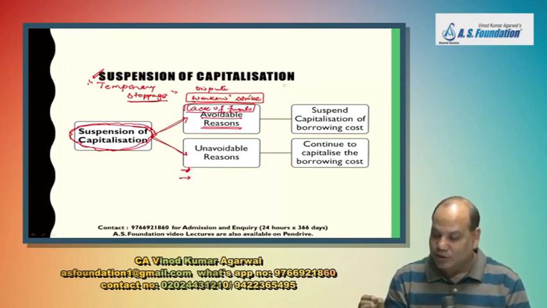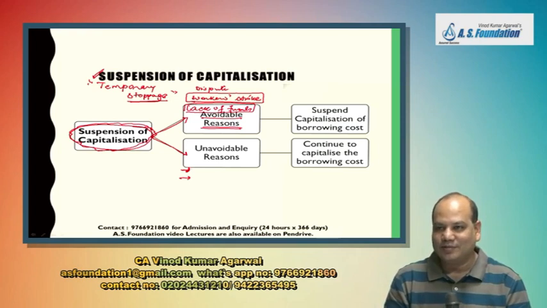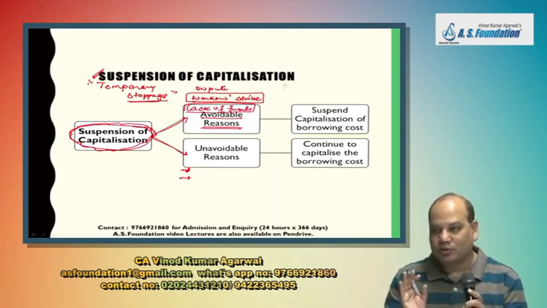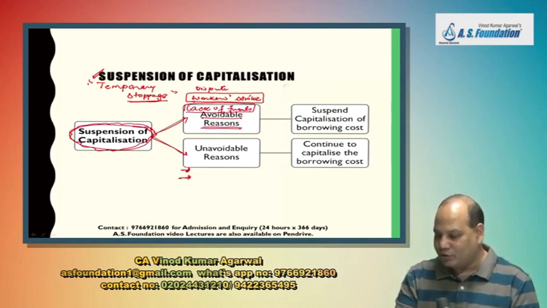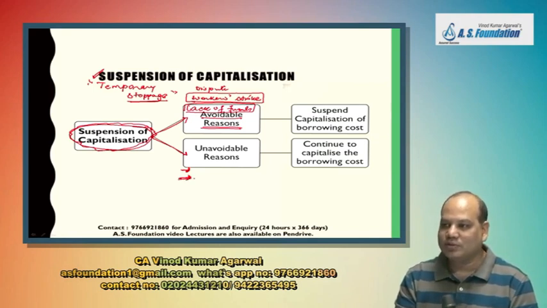Or for example, you are manufacturing wines. That is a simple example. You complete all your basic process and then you store it in a special storage facility, and you're not supposed to do anything for some years.